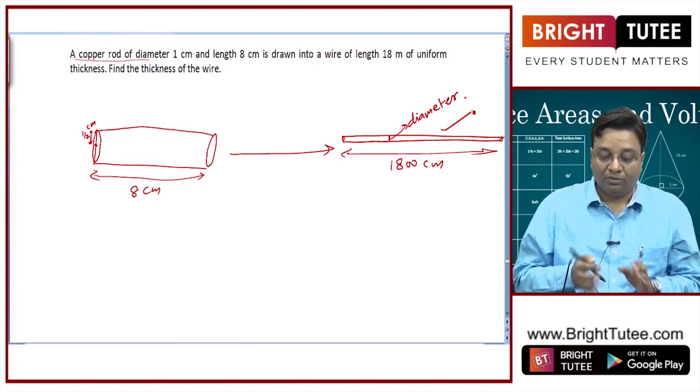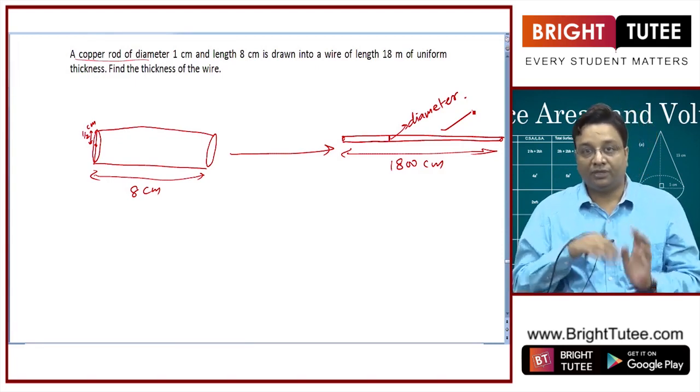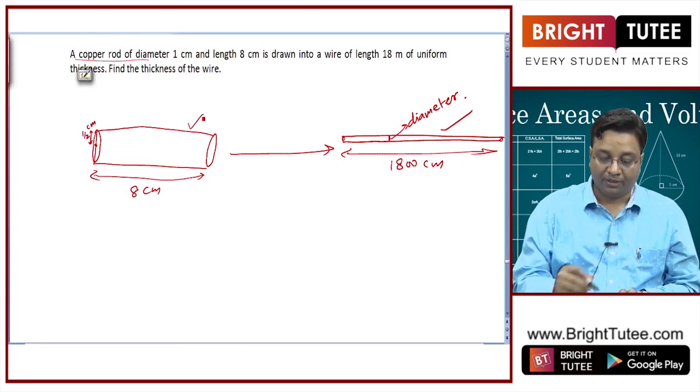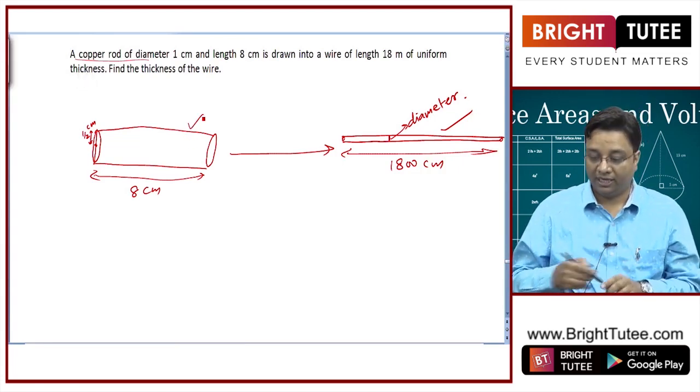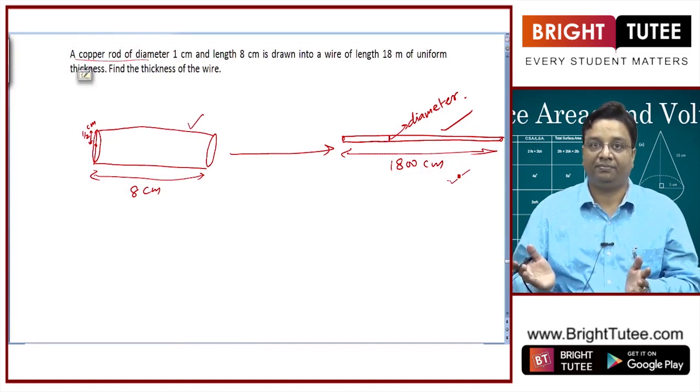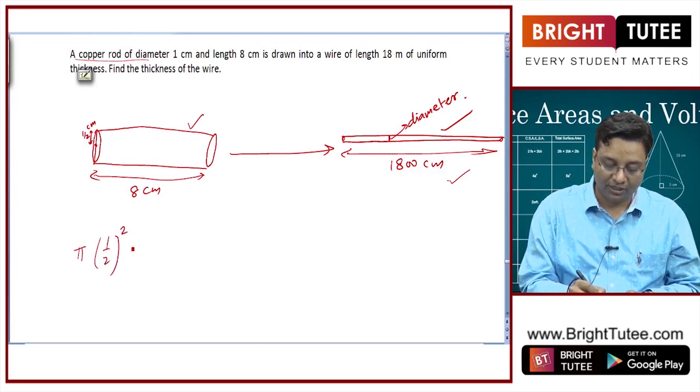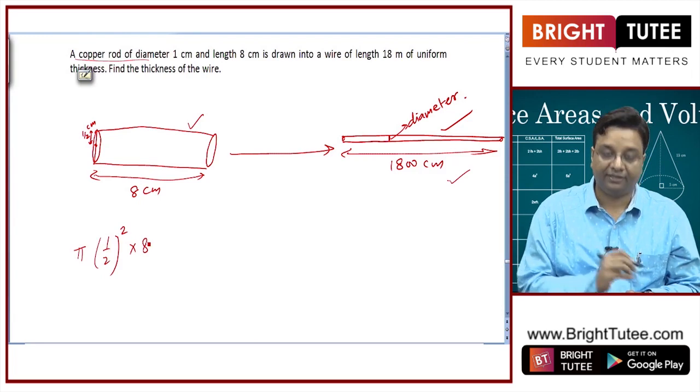So now I know from the conversion of solids from one shape to another that the volume of the copper used in this rod and used in this wire is same. So what is the volume here? This is cylindrical shape, so pi radius squared, radius is 1 by 2 squared into height, which is 8.